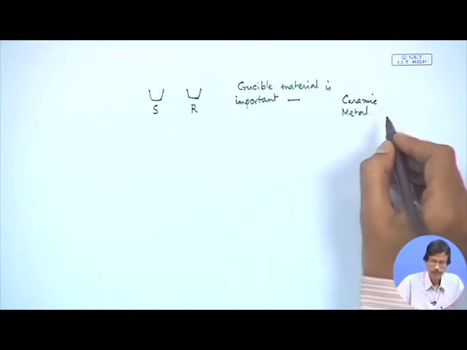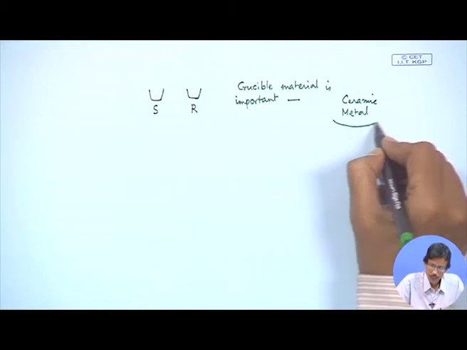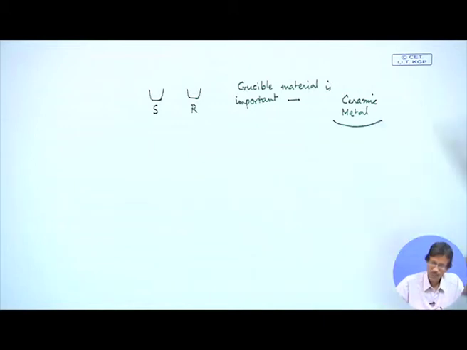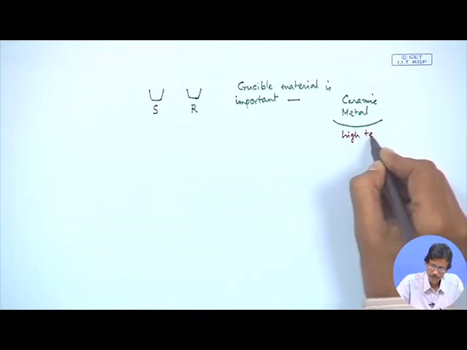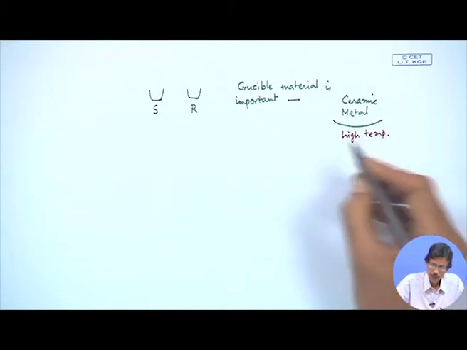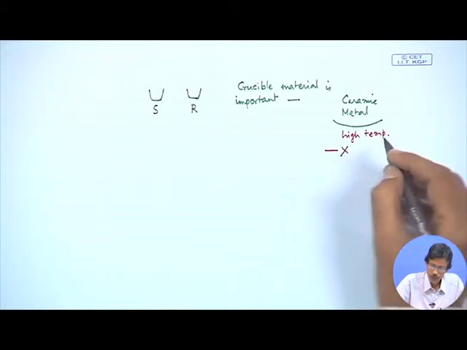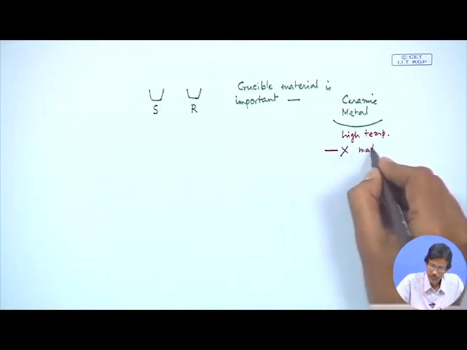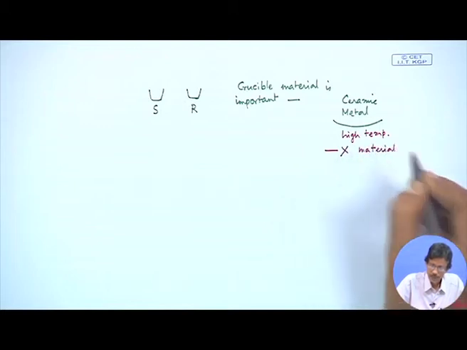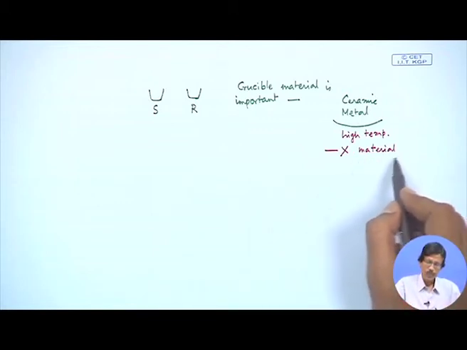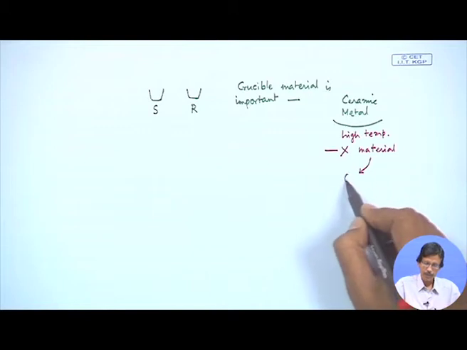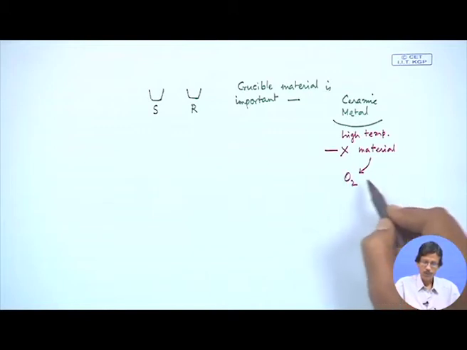So, this particular material can withstand a very high temperature and should not react with the material under investigation. That means, at a high temperature some material we are using, and sometimes in presence of air and oxygen we heat it.